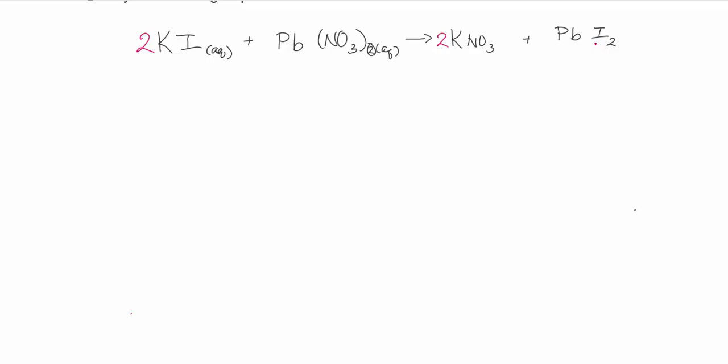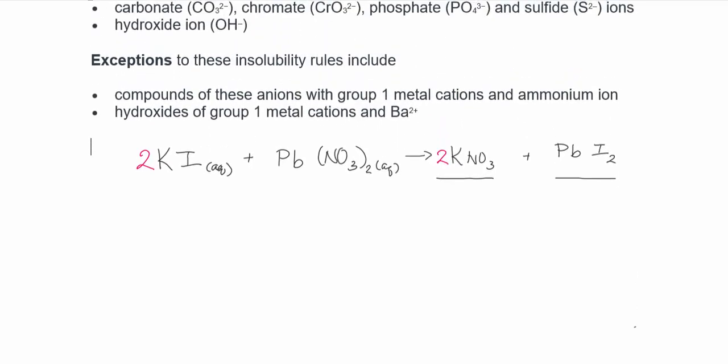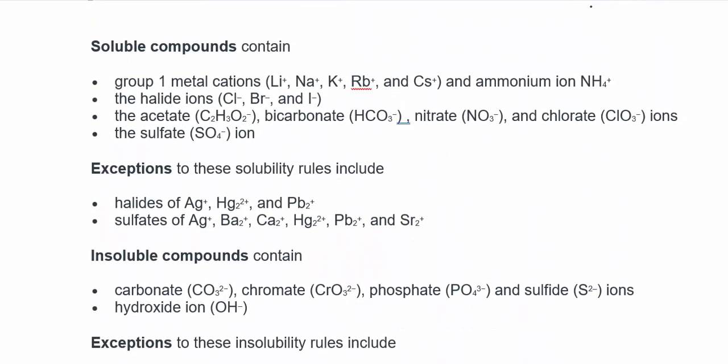So now let's use the solubility rules and predict the phase of these compounds. So I'm looking for nitrate and I'm looking for iodine. So here I have soluble compounds contain nitrate. And I have soluble compounds contain the halide ions I. So I need to look at my exceptions.